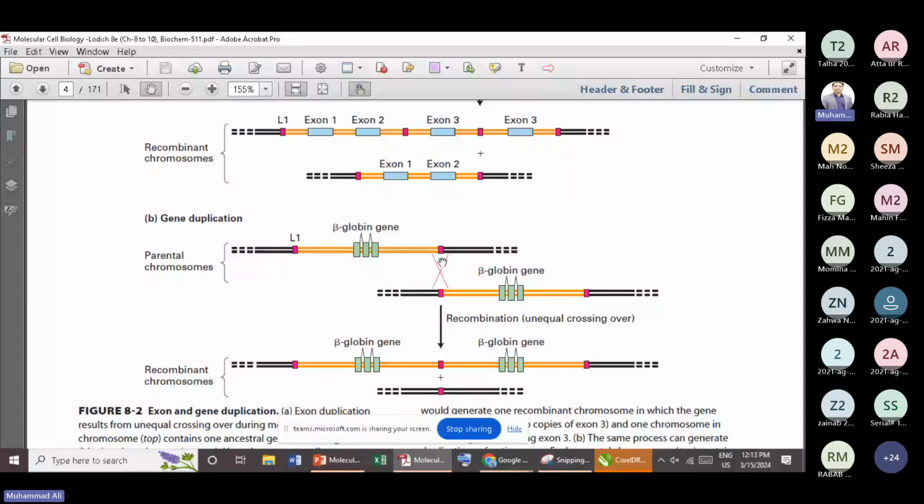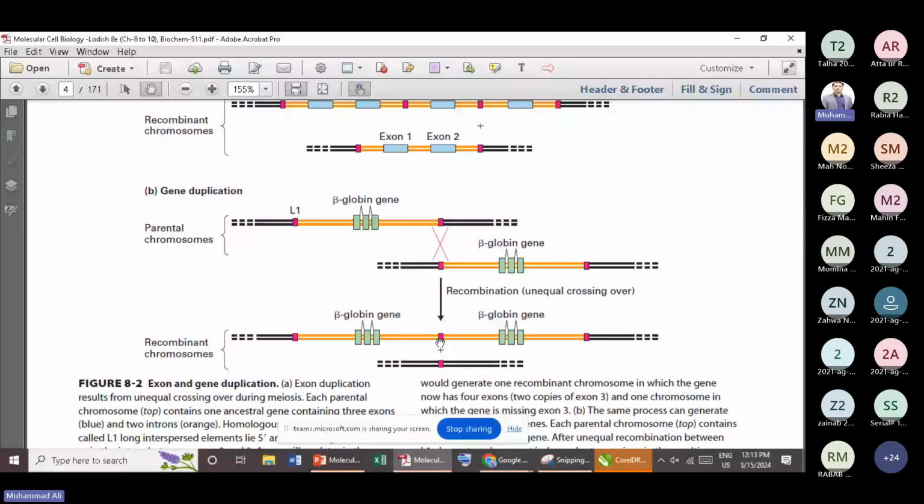This way, recombination is duplicating the gene, and one of the gametes will contain two copies of the beta globin gene, and another gamete will be without the beta globin gene, and thus one of the babies may get two copies of the beta globin gene.